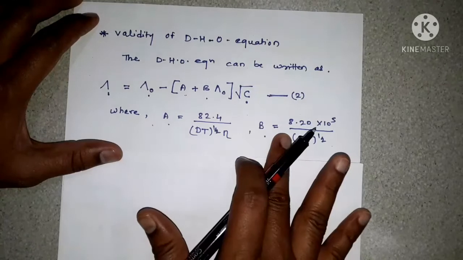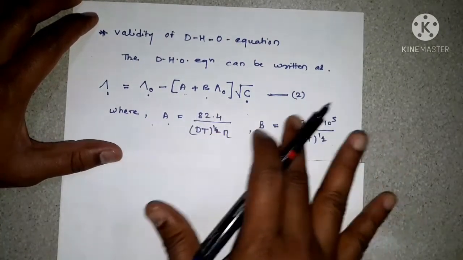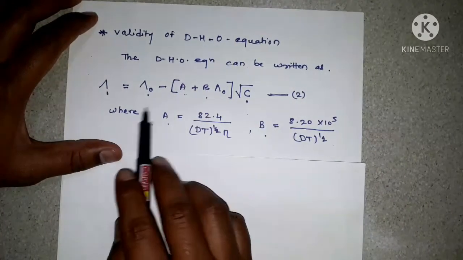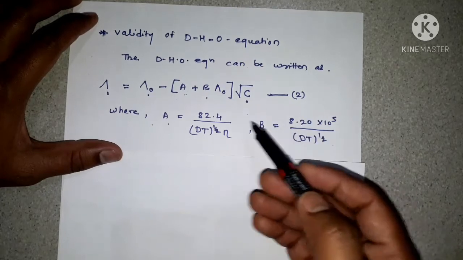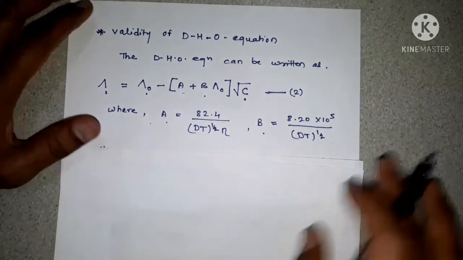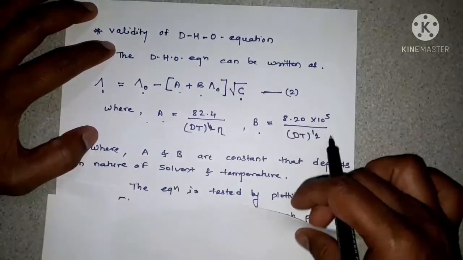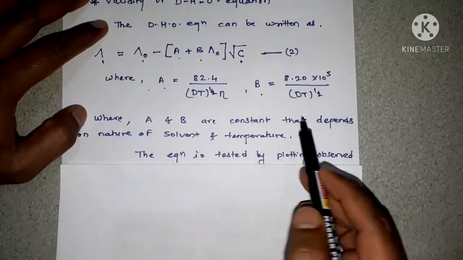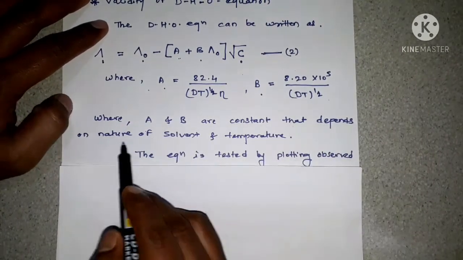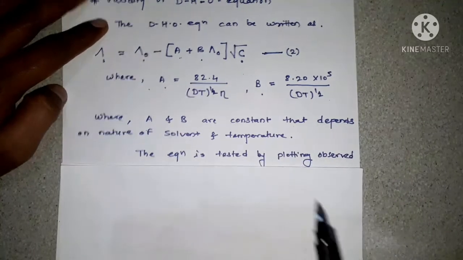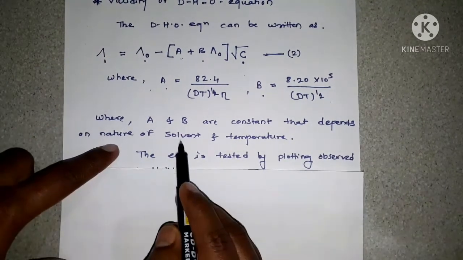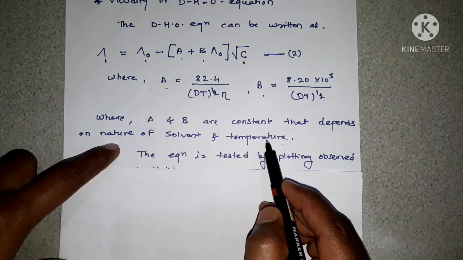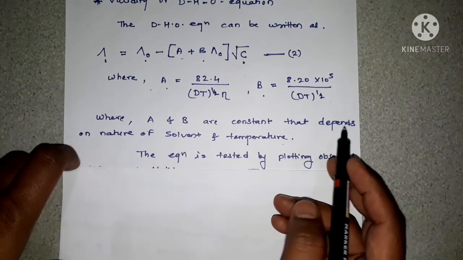So A and B replace this part in equation 1, and the validity of the DHO equation gives equation number 2, where A and B are constants that depend on the nature of the solvent and temperature. That is, which solvent is used for the solution and what temperature is provided to that particular electrolyte solution.